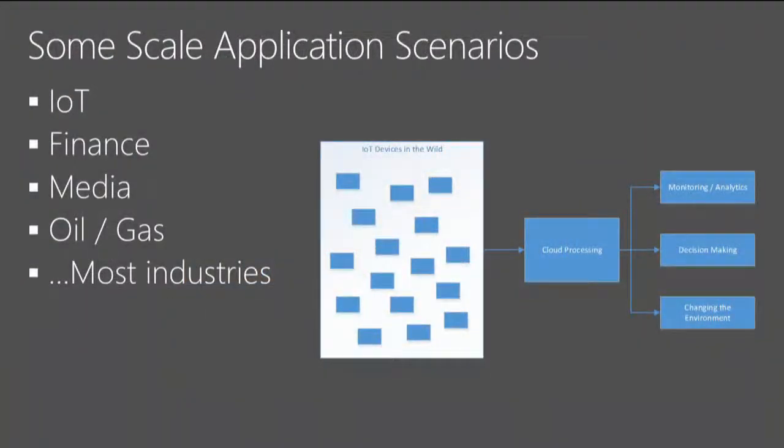Thanks, Guy. So one of the common questions that we get is, what types of things do people run at scale? And it's interesting because the actual answer to that crosses almost all verticals that we see. So in IoT scenarios where the devices don't actually have enough power to process things on their own, we see that data sometimes sent to the cloud to do additional processing, gives you analytics, decision-making, control of the world around you.